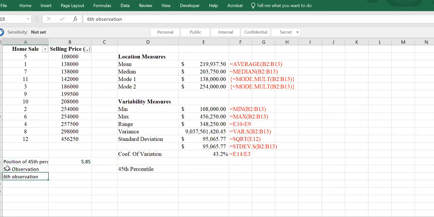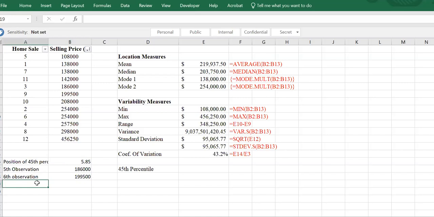The 5th observation is 1, 2, 3, 4, 5, and the 6th observation is this. If it was 5.5, it would be right in the middle of these two values. But this is the position of the 45th: not 5, not 6, but 5.85.